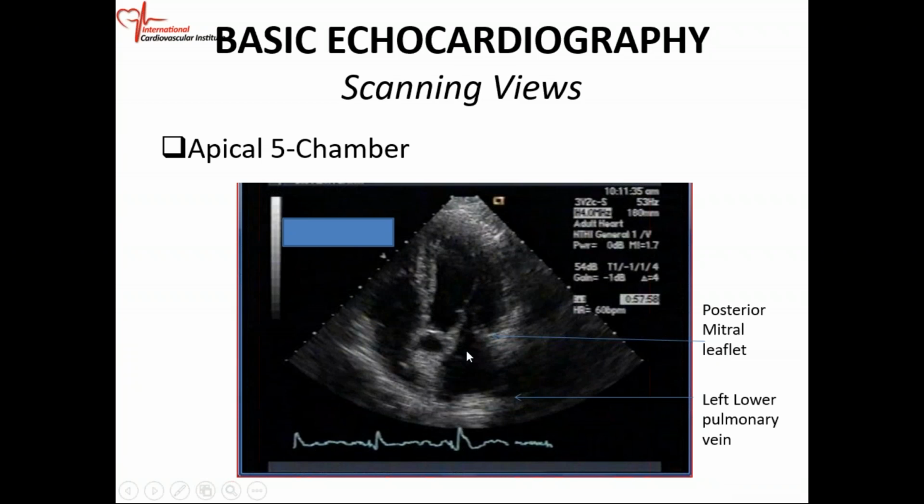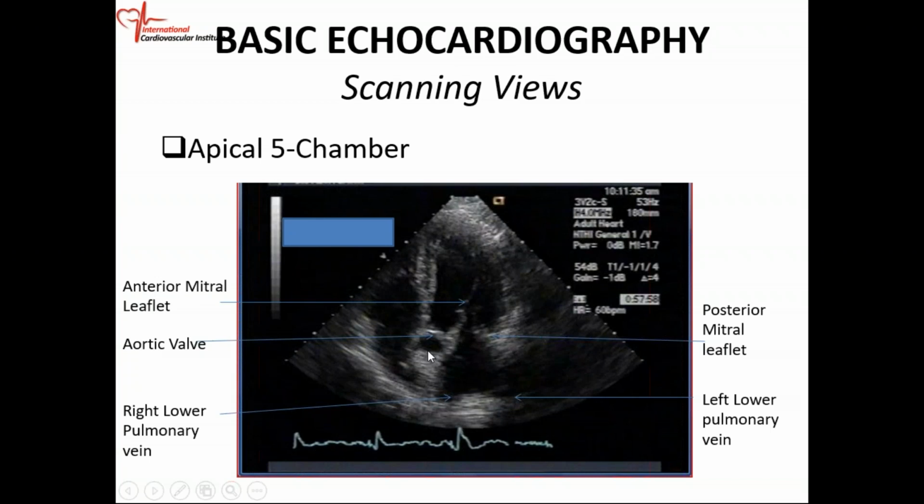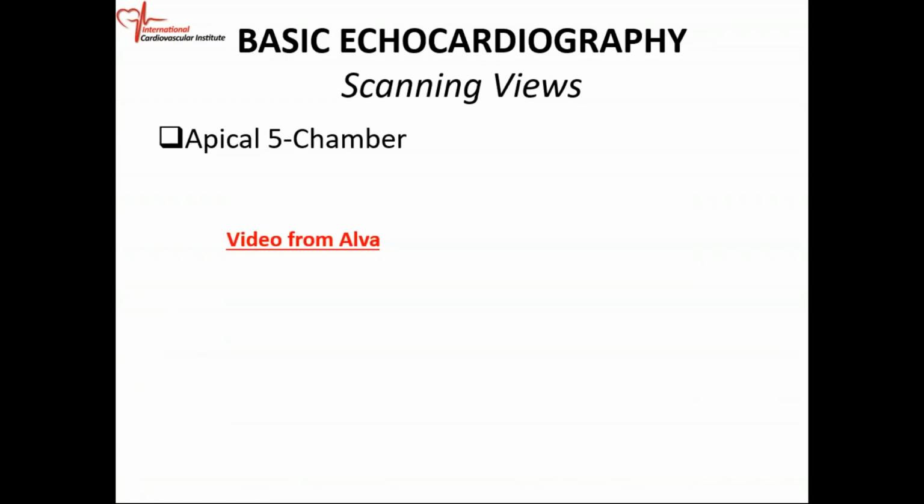Okay. This is the pulmonary vein. So we said left lower, it's actually the left upper is right there. And this is your right upper pulmonary vein, not lower. Okay. This is the aortic valve right there, and then your aortic root going into the ascending aorta is right there, anterior mitral leaflet.